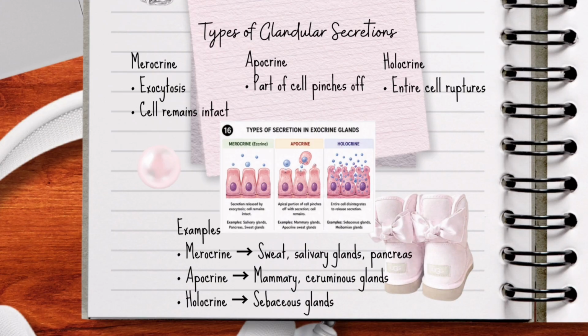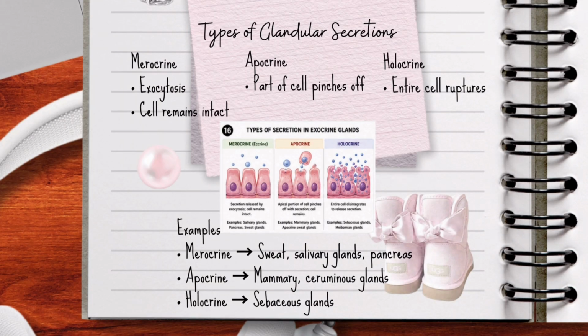The second mechanism is apocrine secretion. In this process, the upper portion of the cell pinches off along with the secretory product. Because part of the cell is lost, the cell repairs itself before secreting again. Examples include the mammary glands and ceruminous glands, which produce earwax. Finally, holocrine secretion is the most dramatic.